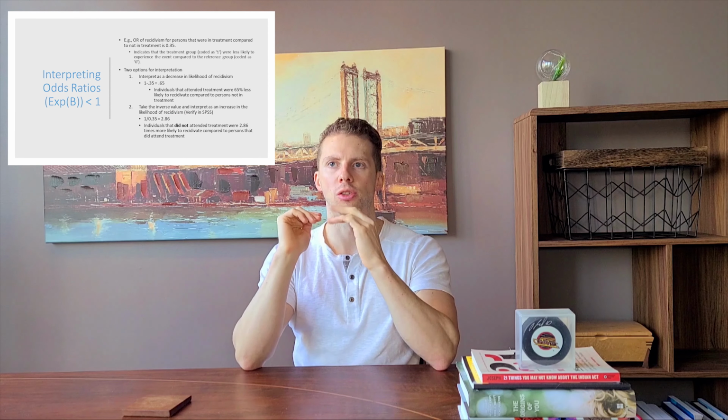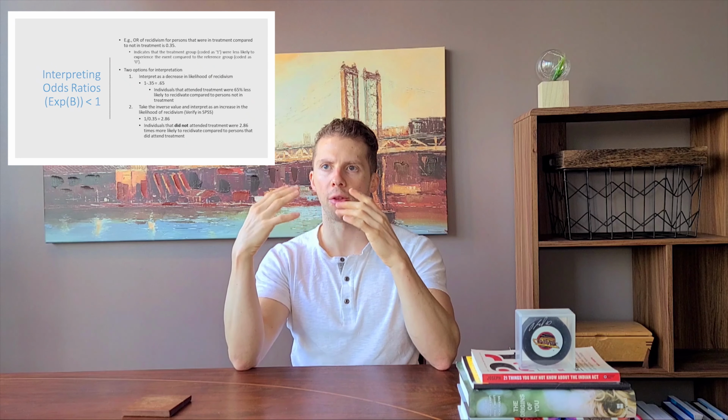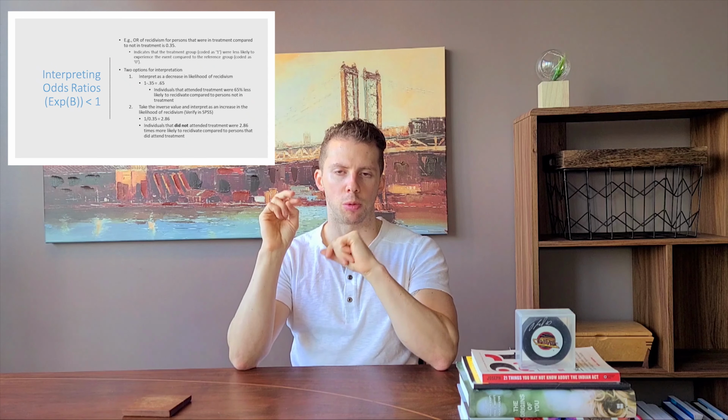If we saw an odds ratio of recidivism for persons that were in treatment compared to not in treatment as 0.35, it would indicate that the treatment group, which we coded as 1, were less likely to experience the event, aka to recidivate, compared to the reference group, which was coded as 0.